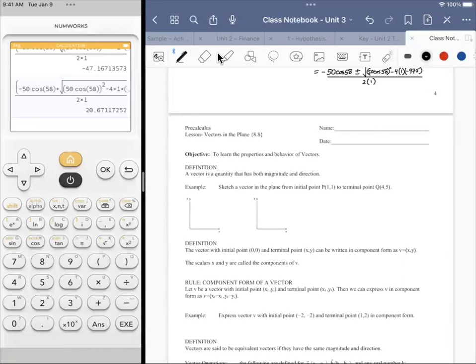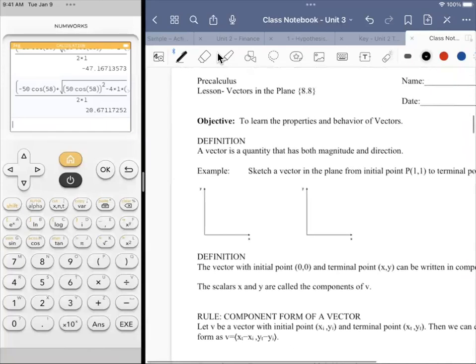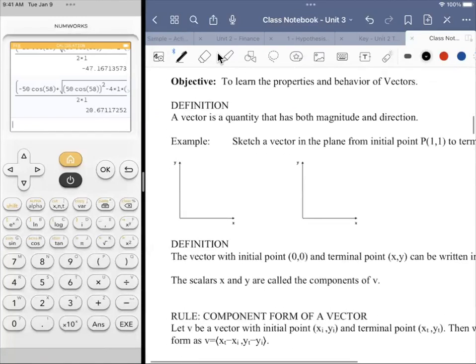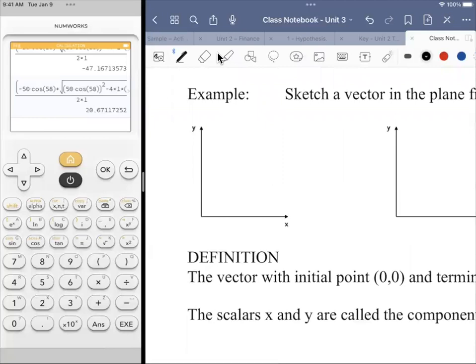All right, so we have a vector in the plane that goes from (1, 1) to (4, 5). I'm going to plot each one. Point P is (1, 1), so I'm going to estimate this to be 1.